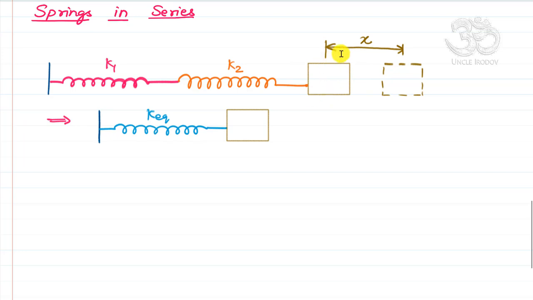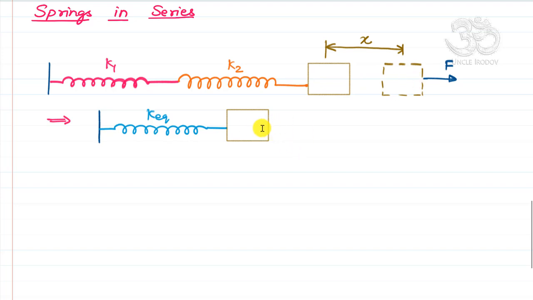After being displaced from that point by an amount x, the block is at rest at this place, and a force F is acting at the right end of the block like this, and this force has to be applied in order to keep the block at this place, because the moment you remove this force, the block will go back, right? So we can say that a force F is required to maintain a displacement of the block equal to x from its mean position.